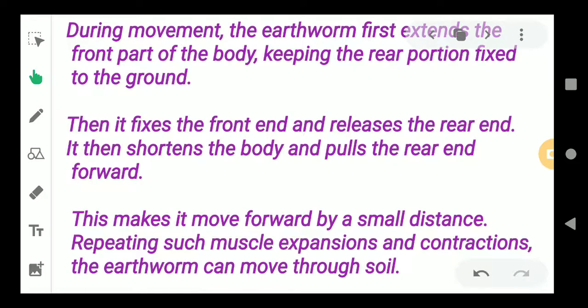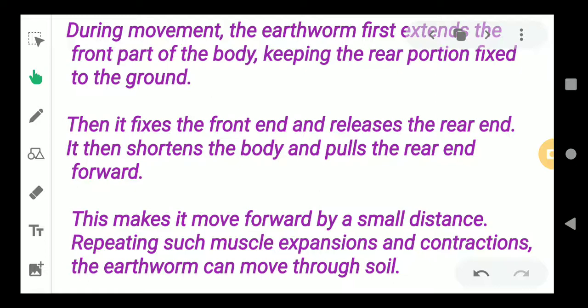It then shortens the body and pulls the rear end forward. This makes it move forward by a small distance. Repeating such muscle expansions and contractions, the earthworm can move through the soil.